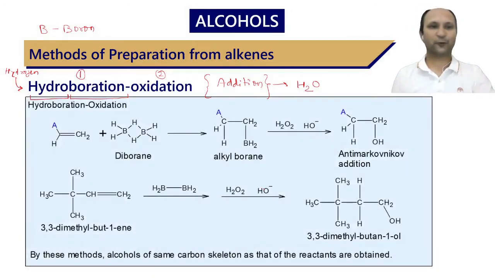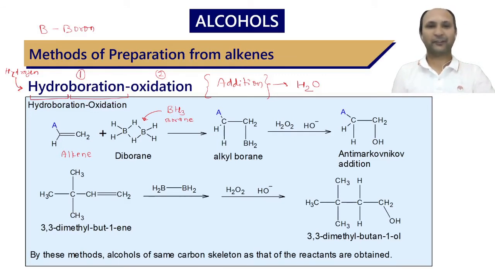So this is our hydroboration oxidation reaction where our alkene is going to react with diborane. Now remember, this diborane is a dimer of a hypothetical compound, that is borane, which can be represented by the structure of BH3.